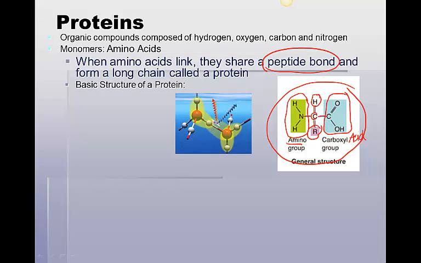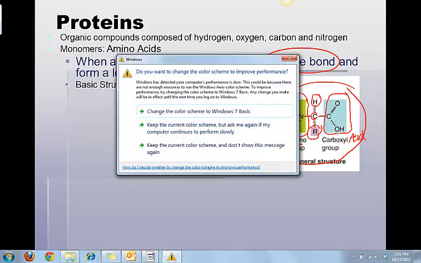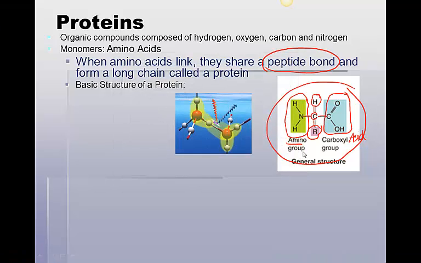In this other picture, you actually see 2 amino acids bonded together. Here's a central carbon. Here's another central carbon. And right here, this is where my condensation reaction or my peptide bond is forming. A water is going to be lost as they're put together.